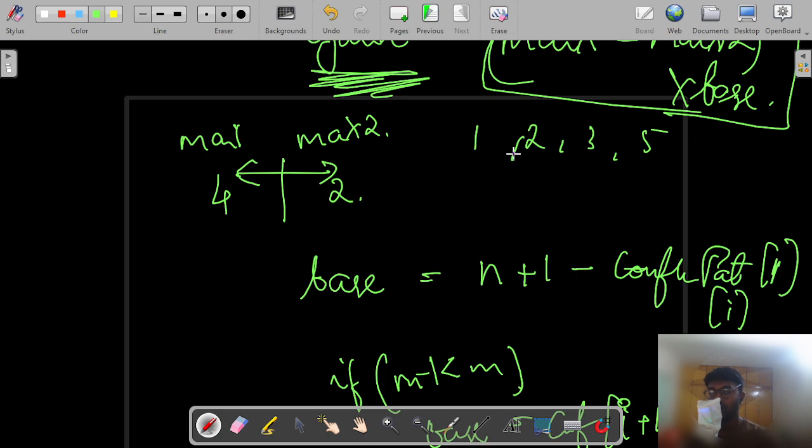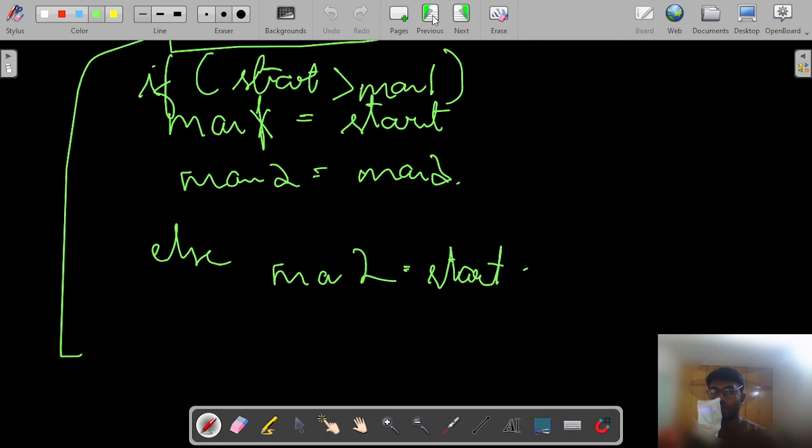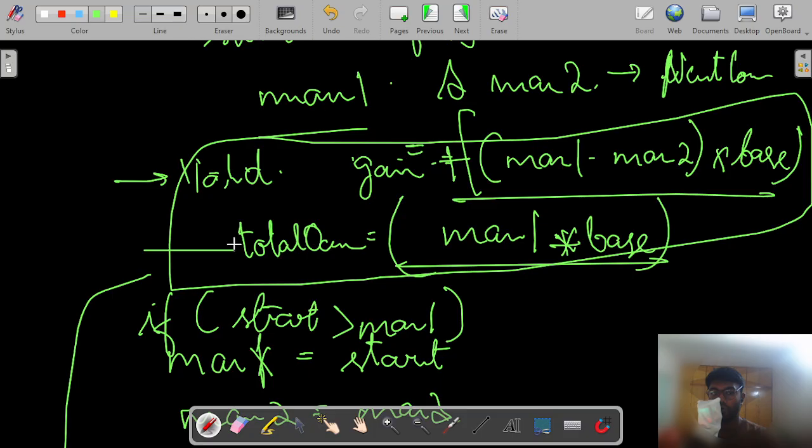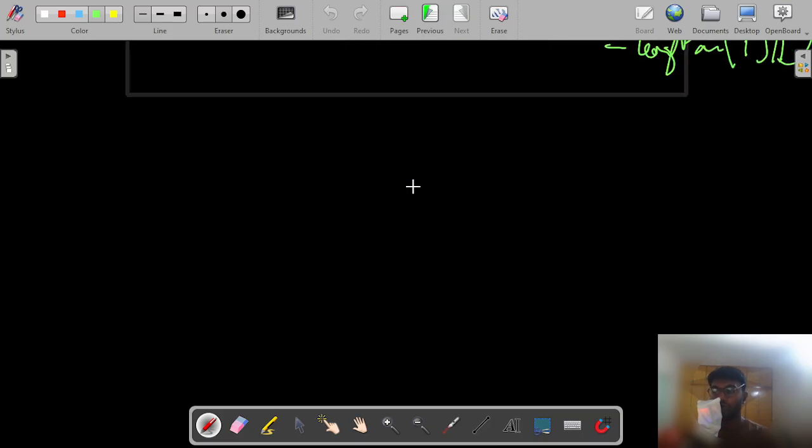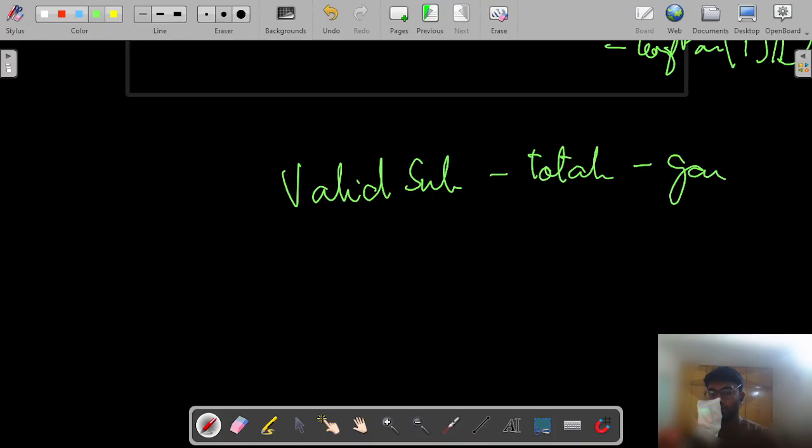And once we have that, the second part which we had was with respect to total occupied. We were simply having to do it this way, where base, the max 1 into the base. So these will eventually end up with the total final formula where valid subarrays minus total occupied plus the gain.